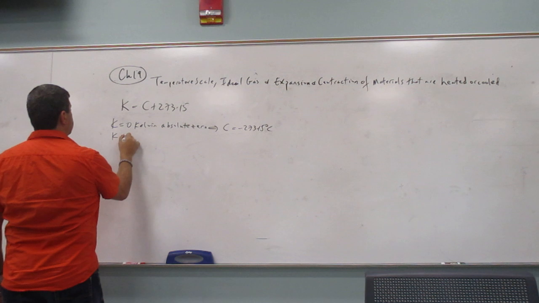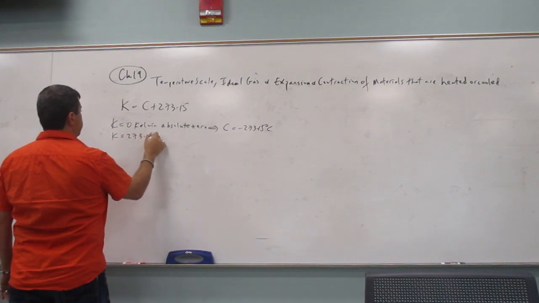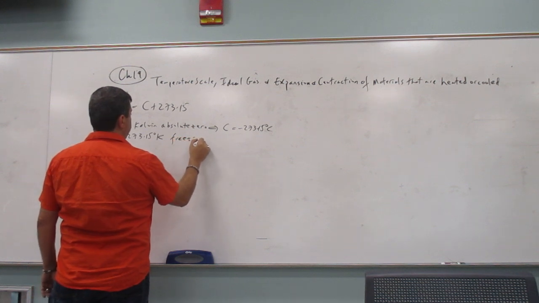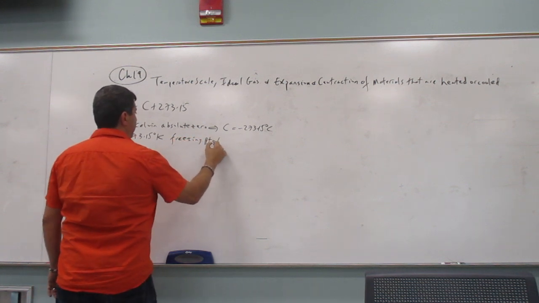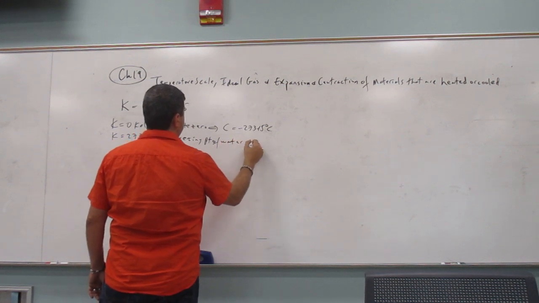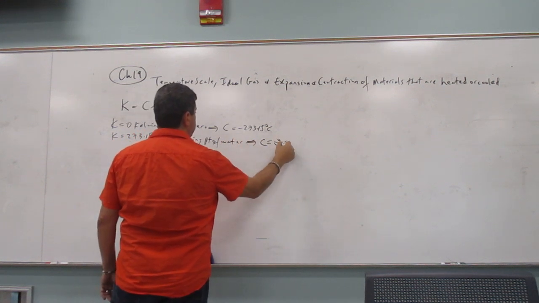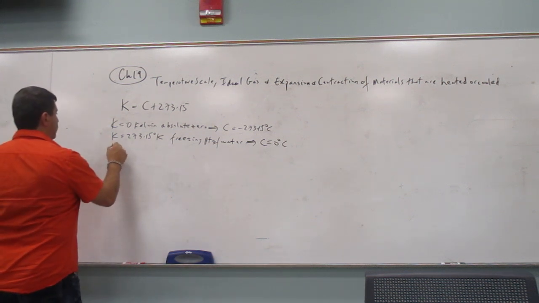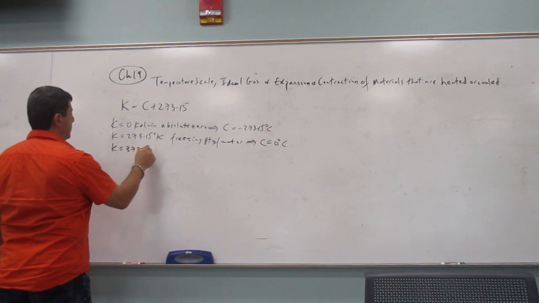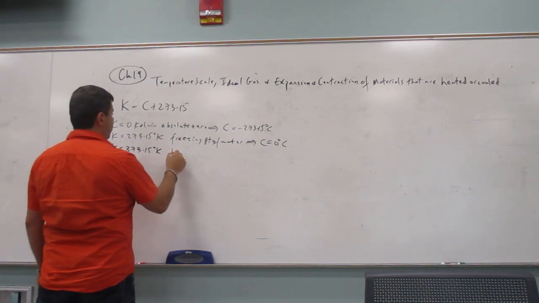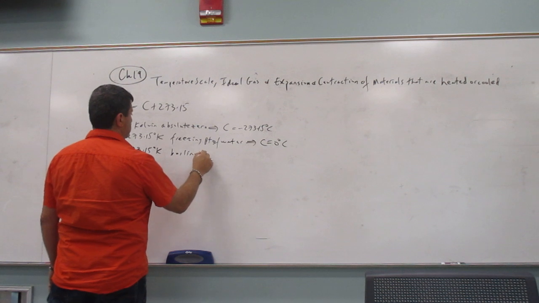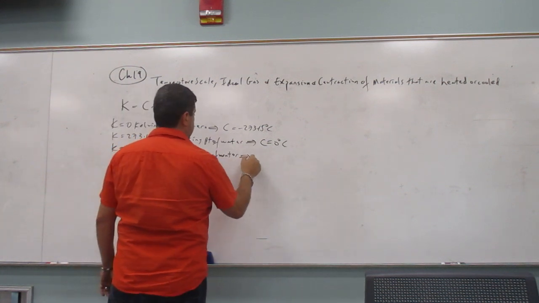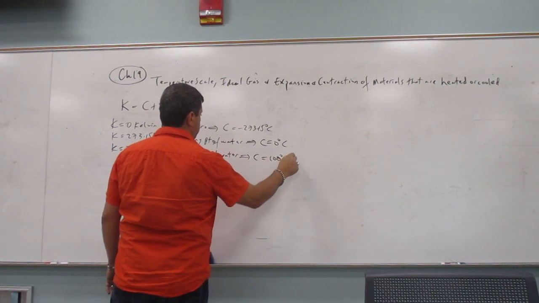And then when Kelvin is 273.15 Kelvin, that's called the freezing point of water. So that's 0 Celsius. Okay, and then when Kelvin is 373.15, that's the boiling point. That Celsius is 100 Celsius.